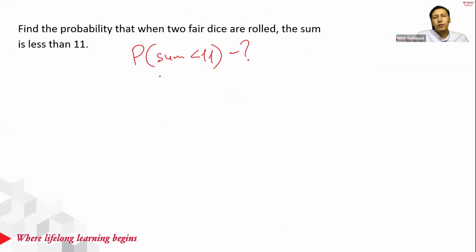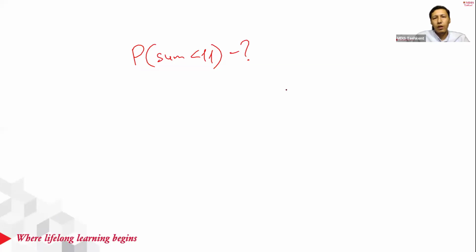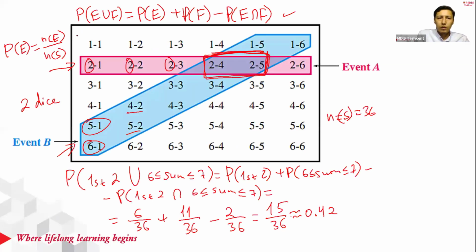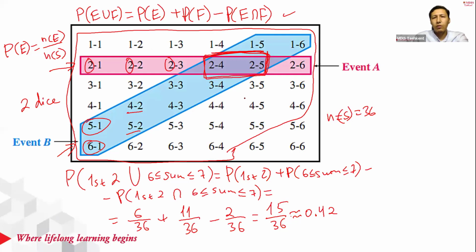But sometimes it is easier to find the opposite of that event. For example, sum 11 here, how many? Okay, this one. Sum less than 11, here we have 33 of them. Okay, you can count 33 elements, or instead of that, you can use what?